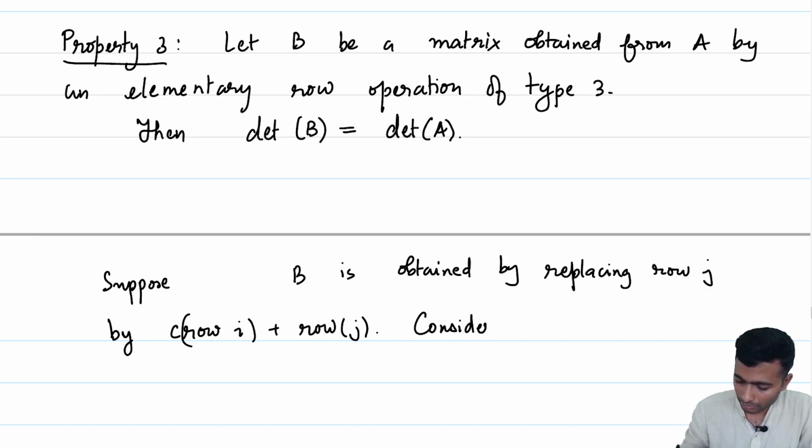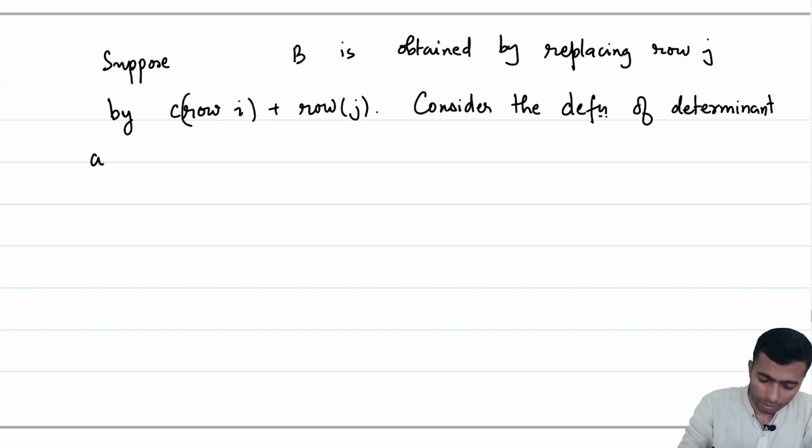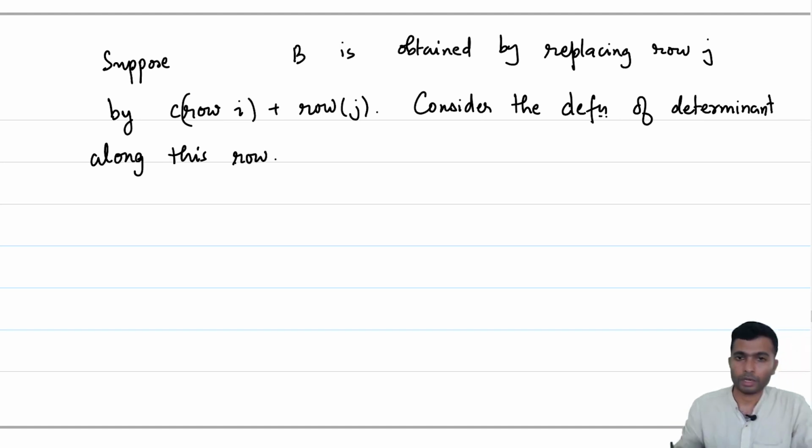Consider the definition of determinant along this row. It can be shown that it splits, it is a linear property. The linearity will become evident by considering the expansion here, the typical expression. Let me just write down the expression for you.